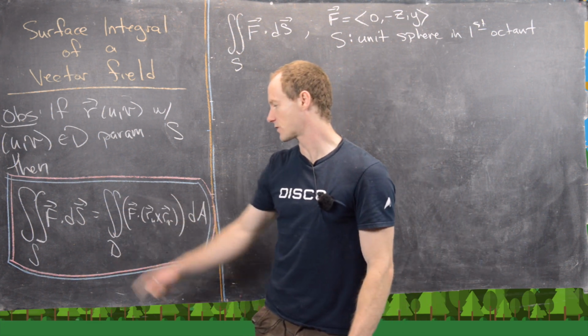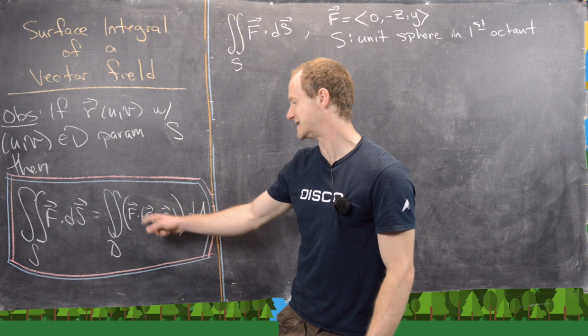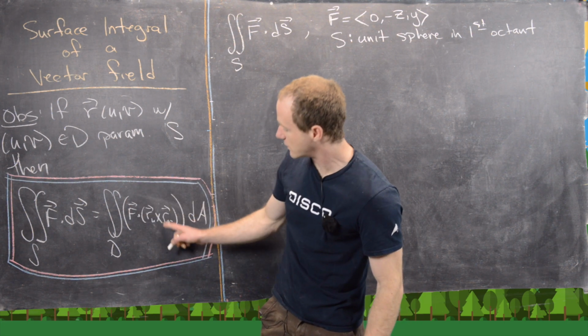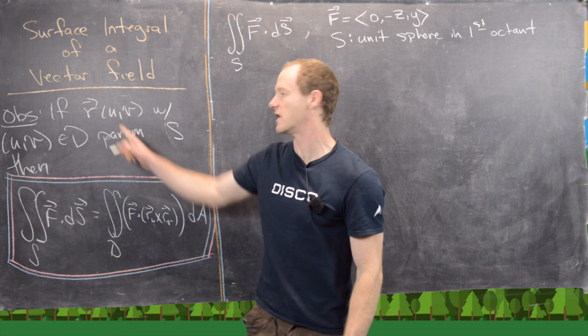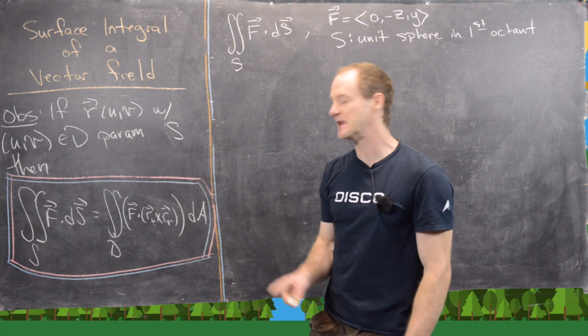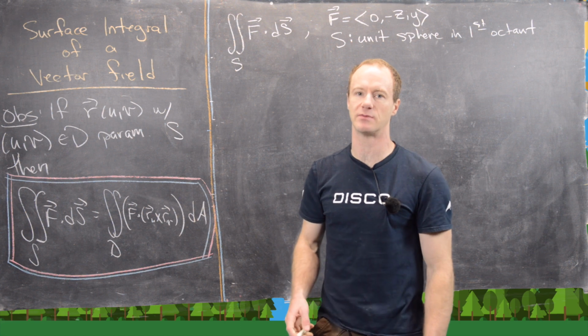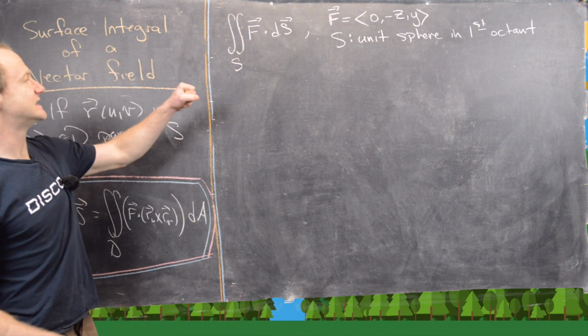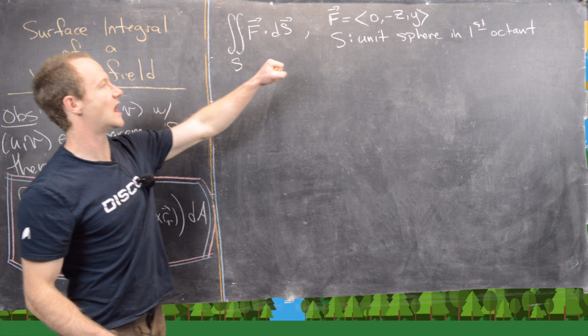This is the double integral over D of the vector field dotted with r_u cross r_v, where those are made up of partial derivatives of our parameterization, and then dA.